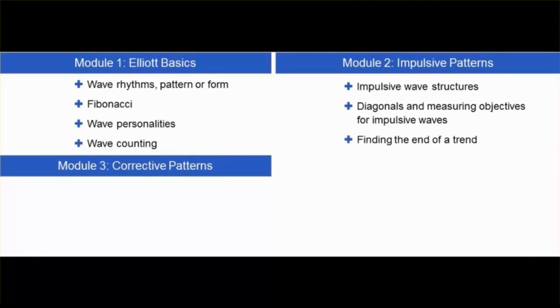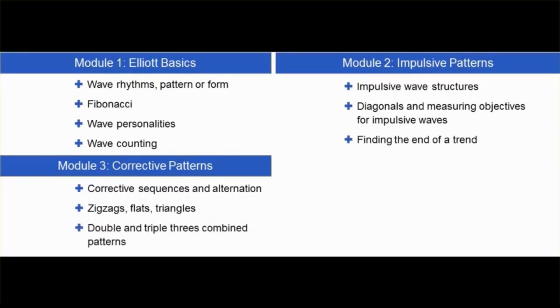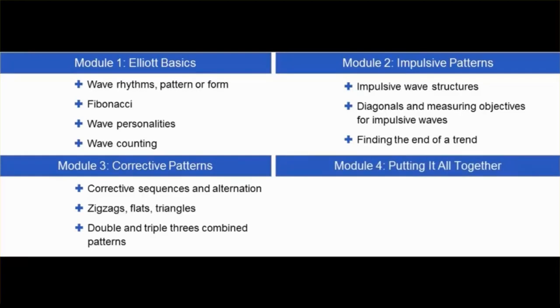Module 3 talked all about corrective sequences and alternation possibilities. You learned about zigzags, flats, triangles, and double and triple threes combined patterns. And finally, Module 4 taught you how to put it all together with the Elliott wave trading map and trading journal.